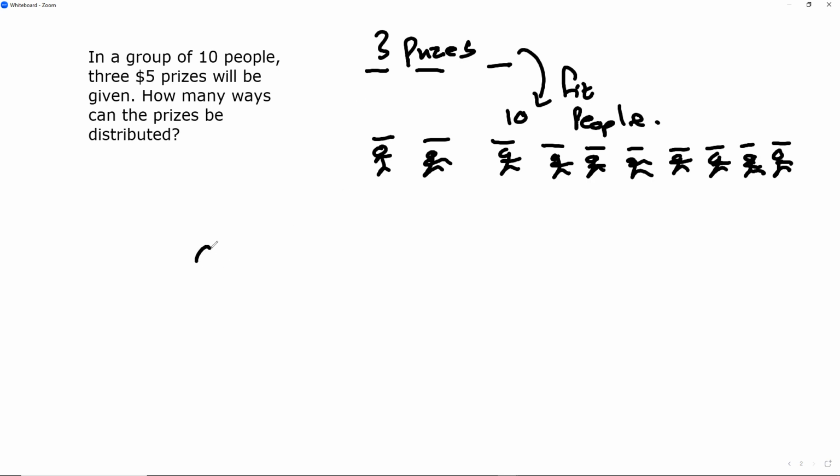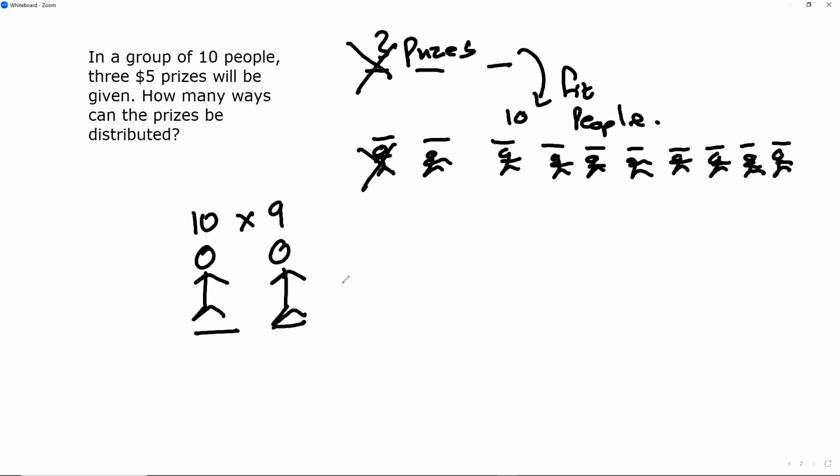The first prize comes up, winner, remove him, remove the prize. Next person, randomly one of the 9, comes up. So there's 10 ways there, 9 ways there, and then 8 ways after that. And we just keep removing until the prizes are finished.